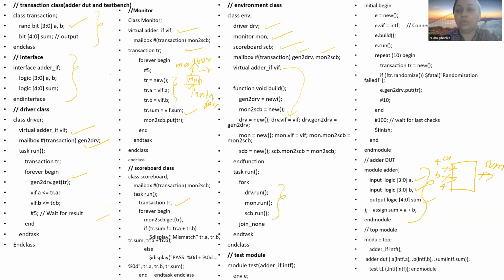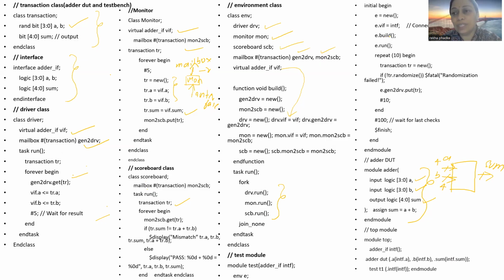Then I call the constructor of environment, so E is equal to new. Then I connect the static interface with the dynamic interface: E.vif is equal to INTF. INTF is the static interface which gets connected with the dynamic interface. Then you just do E.build, E.run.